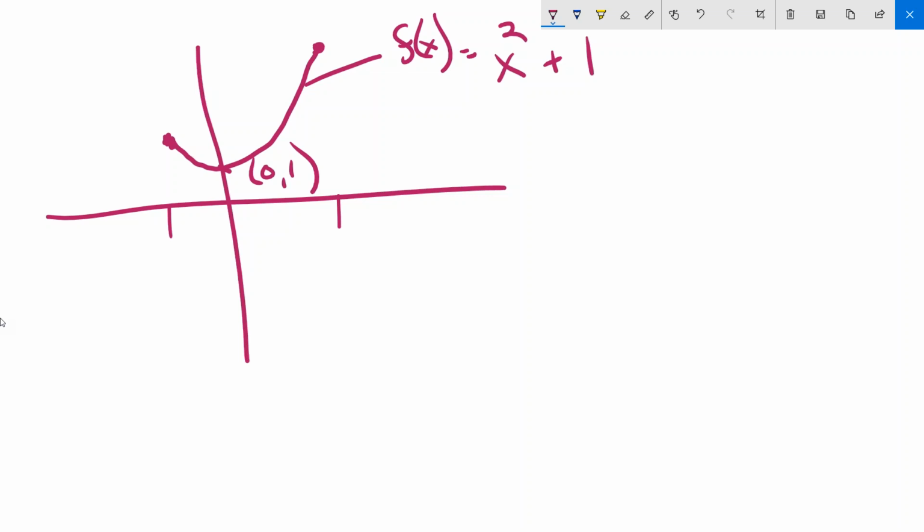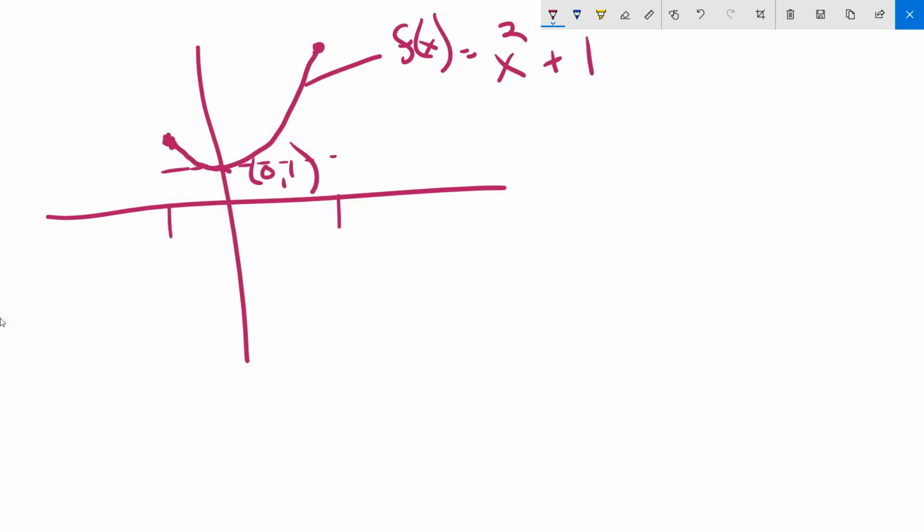Now, if you're asking where the minimum occurs on that function, we know that the minimum is, and this is important, either where the first derivative is 0. Remember, the first derivative is where that is flat.